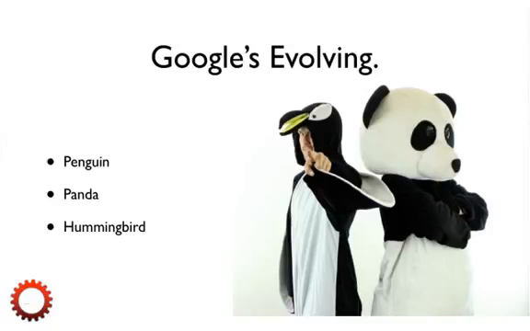Another big significant update was called Panda, which had to do with the usability of a website and making sure that you had a great user experience. And then most recently, this has only come out again in the last week. I just prepared this presentation for you so that it was right up to speed. Hummingbird is a fundamental change in the way that Google's algorithm works, where they're trying to understand how people search the web. People search the web almost like a query string. They go to Google and ask Google a question, and then Google comes back with the answer.